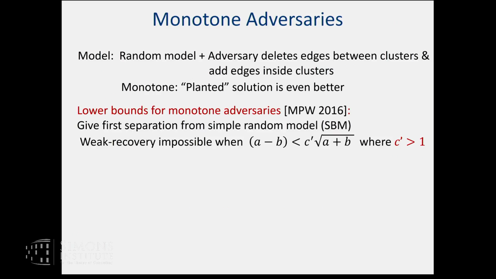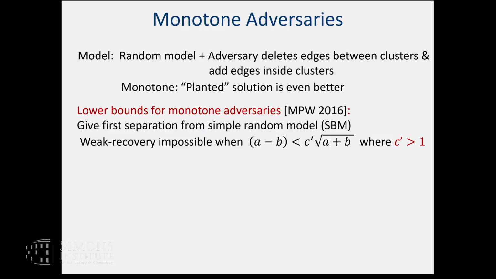Okay, so you could ask, monotone adversaries only seem to make your life easier because your planted solution only becomes better. So is there a formal sense in which this is true? In a surprising result by Moitra, Perry, and Wein, they showed that, in some settings, having monotone adversaries actually makes your life harder, in the sense that you have these phase transitions for weak recovery for a stochastic block model.